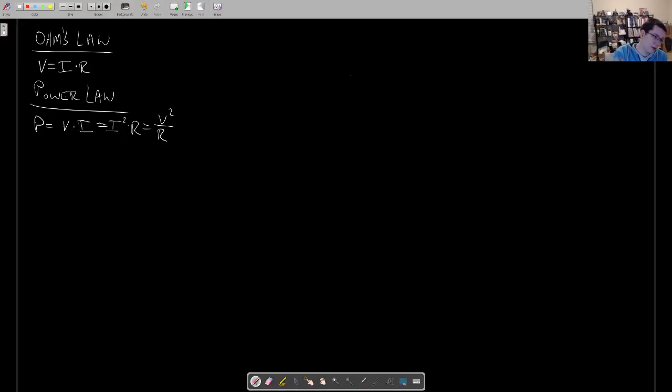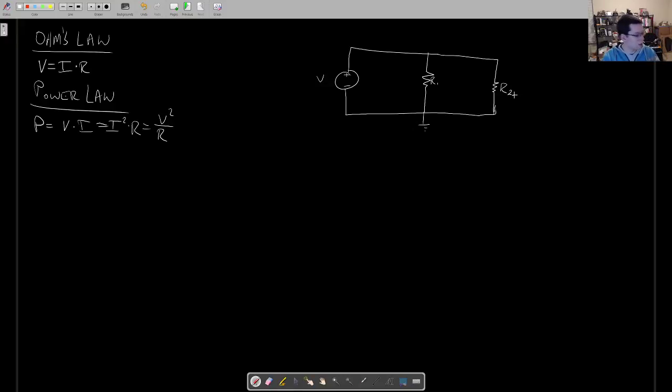So what if we have a circuit like this, plus, minus. What if we have two loads connected in parallel? Then we have some current through here, some I, and through each of those resistors, right?